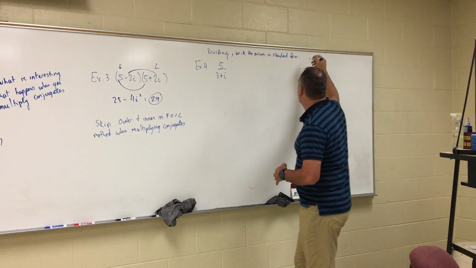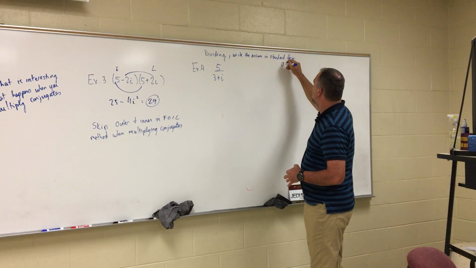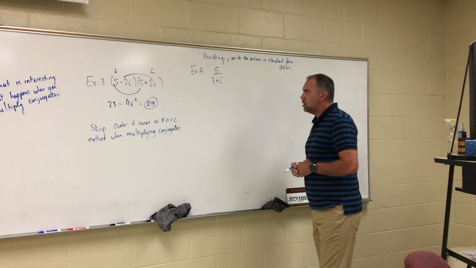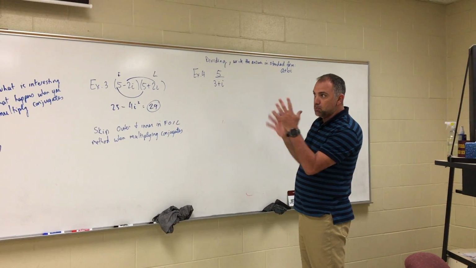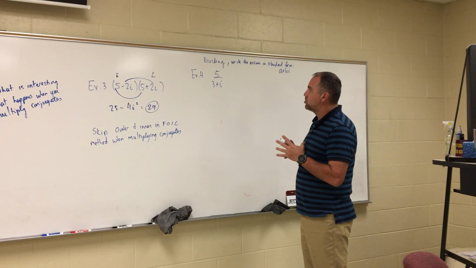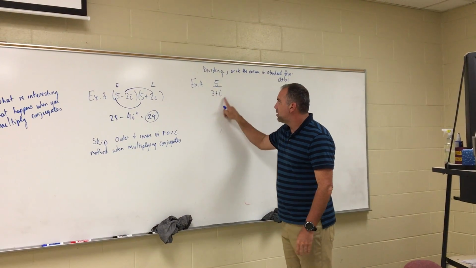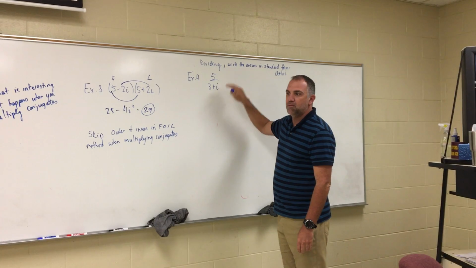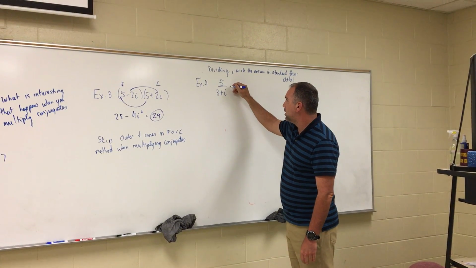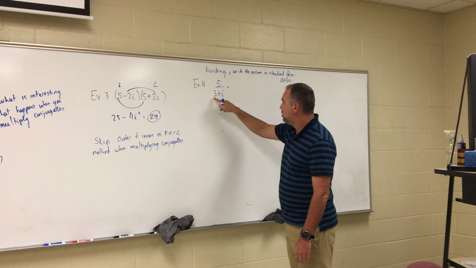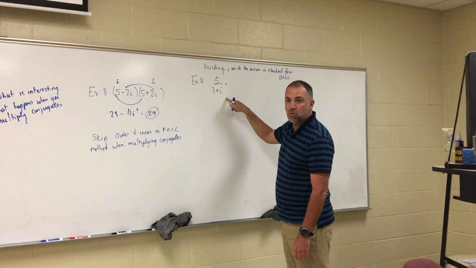A plus bi. Yeah, a plus bi. All right, so the reason I put multiplying beside division is this. We're gonna get rid of the I down here so that it can be in standard form. And the way to get rid of the I is to multiply the top and bottom by the conjugate of the bottom.